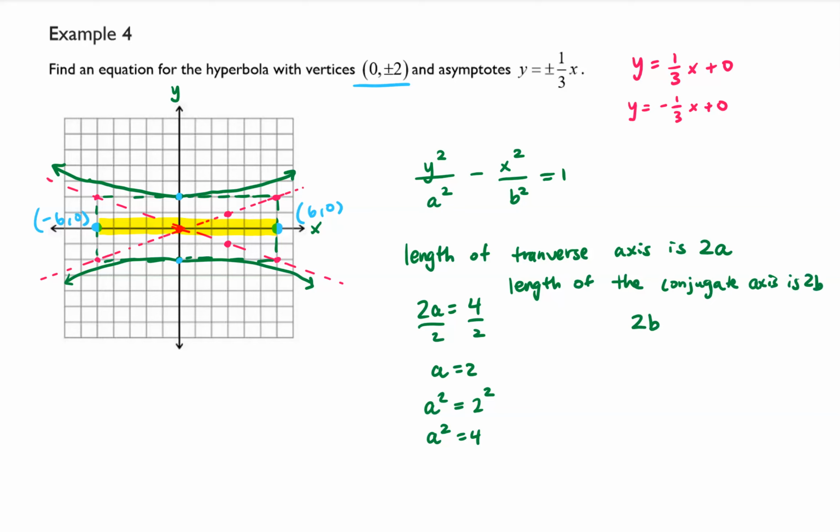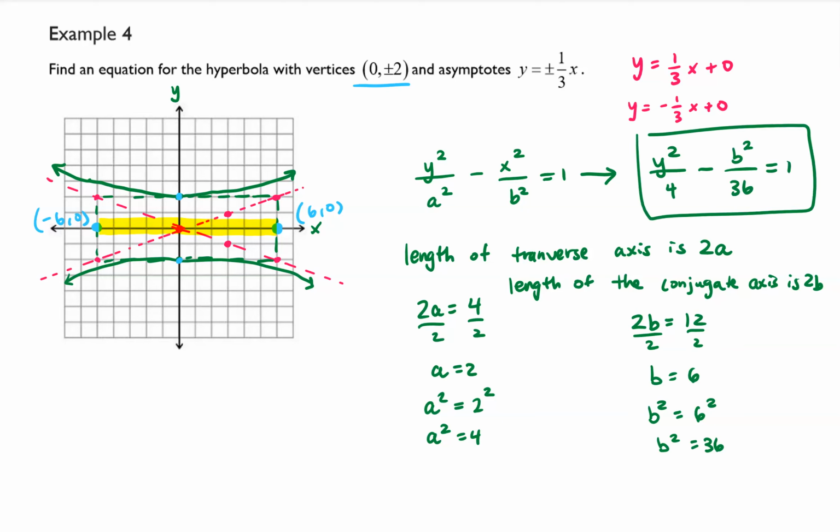So 2b is equal to the distance between -6 and 6, which is 12 units. If we divide both sides by 2, we get b equals 6, and if we square both sides, b squared is equal to 36. Now we can fill in those values in our equation, and we get y squared over 4 minus x squared over 36 is equal to 1.